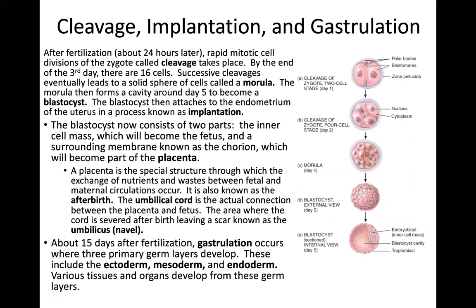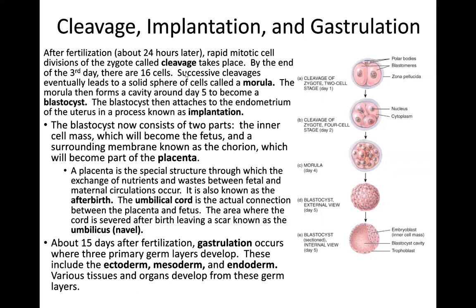Again, all that stuff is still taking place out in the fallopian tubes. After fertilization, about 24 hours later, rapid mitotic cell divisions of that zygote, called cleavage, take place, where we go from 1 cell to 2 cells, and by the end of the 3rd day, we've got about 16 cells.